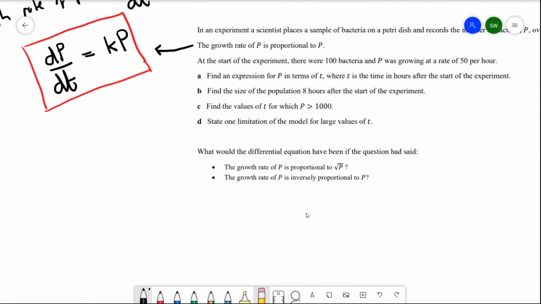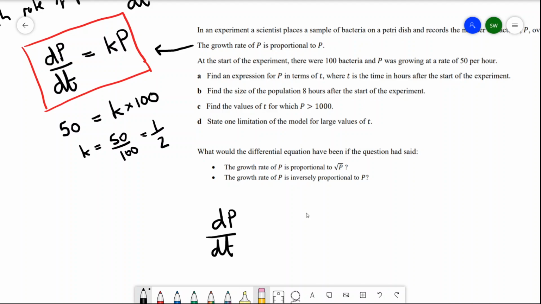So we can sub in dP by dt equals 50 and P equals 100 into our differential equation. So we know that k must be equal to 50 divided by 100, which is a half. So we know that dP by dt is equal to a half P.